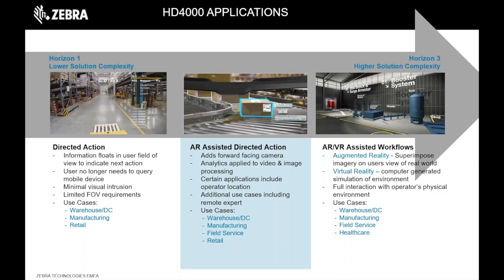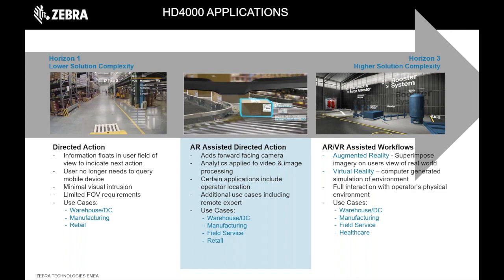And then in the middle, you've got AR assisted directed action. So in this case, we add the forward-facing camera in order to capture the video, which is basically what the user can see. And then we can use that to analyze what's in the user's field of view and to augment what they see. So if, for example, they could see a package, then it could provide information about that package, provided it could identify it. And then in the right-hand column, we've got higher resolution, where we use assisted reality and virtual reality workflows.